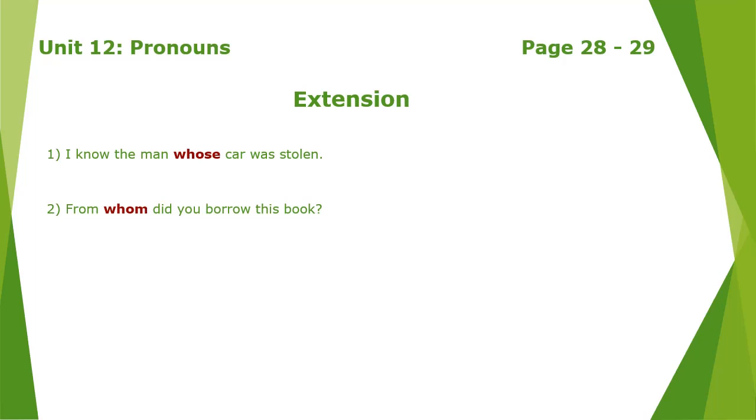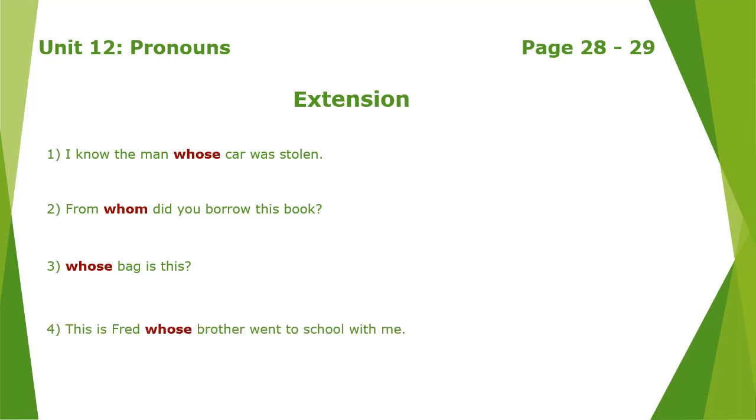The next sentence, empty space bag is this. And in this sentence, I want to ask about the owner of the bag. Whose bag is this? So like we said, after the empty space, again, it's a noun. Just like the first sentence, it was car, and car is a noun. Here in the third sentence, it's bag, and bag is a noun. So also whose.